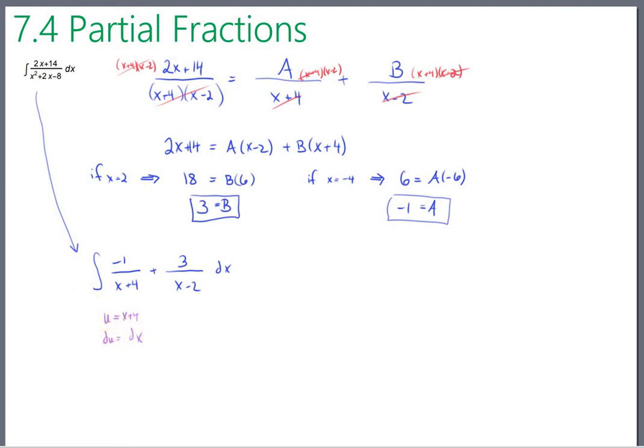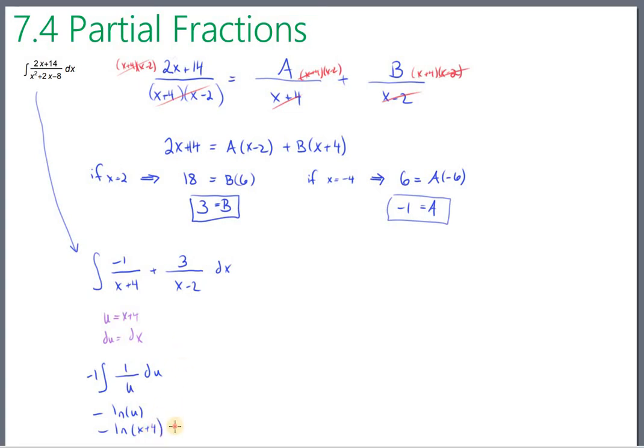So when you rewrite this integral, I'll factor the -1 out front. So I'll just have 1 over u du, so I'll get negative natural log of u, I get negative natural log of x plus 4.